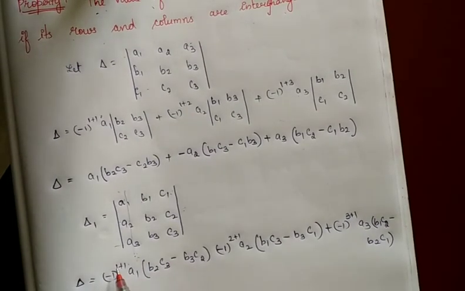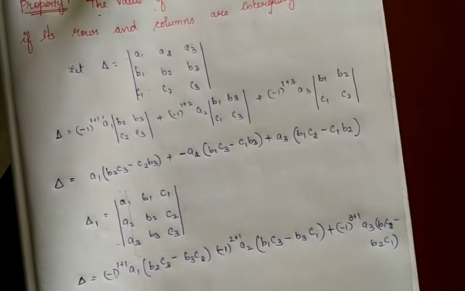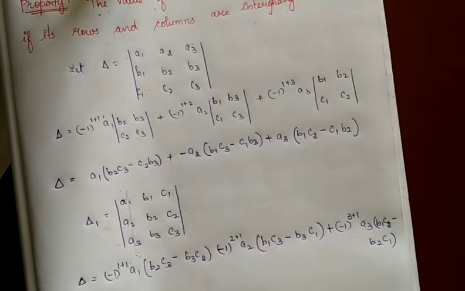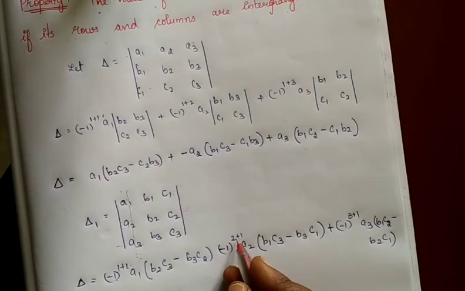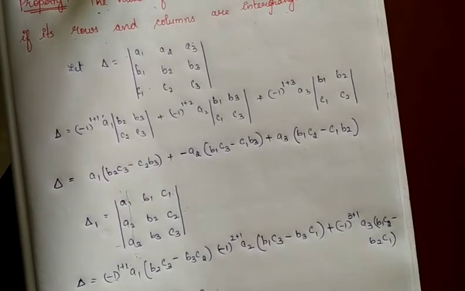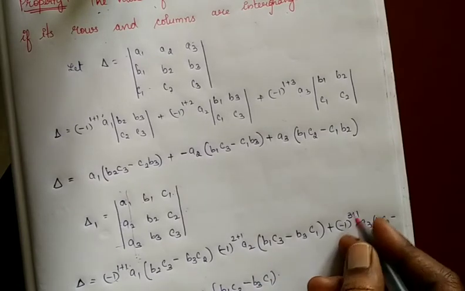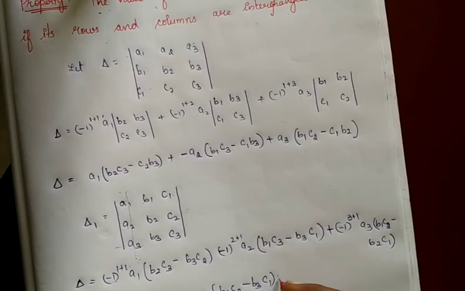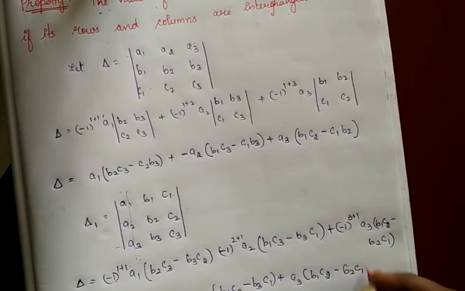Now minus 1 squared becomes plus, so a1 of b2 c3 minus b3 c2. Minus 1 cubed gives minus a2 of b1 c3 minus b3 c1. Minus 1 to the power 4 becomes plus, a3 of b1 c2 minus b2 c1.